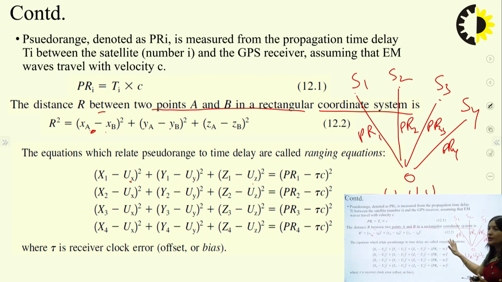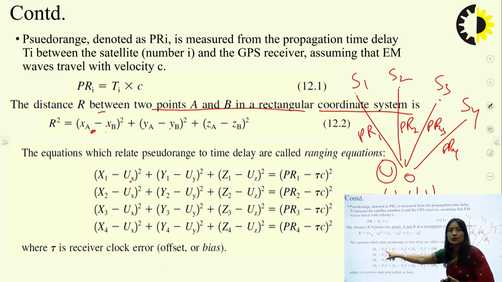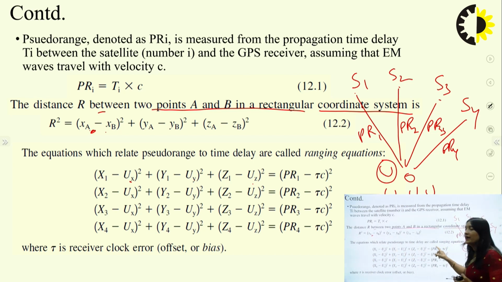So the first equation, if I would like to draw, is from S1 to this unknown position, this GPS receiver U. So the equation will be (x1 minus ux) whole square plus (y1 minus uy) whole square plus (z1 minus uz) whole square. So ideally it should be PR1 square, right?